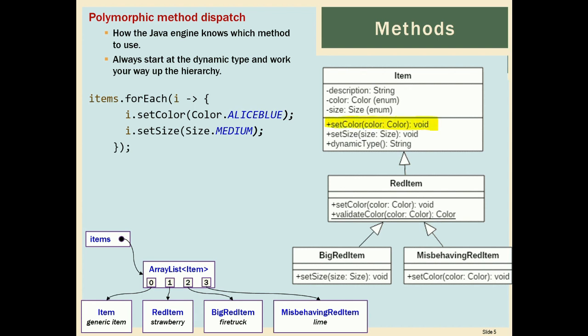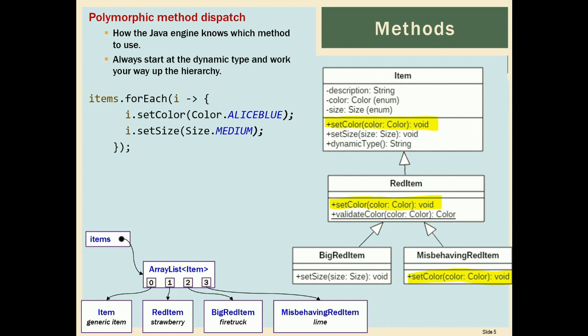We can see that its subclass, the red item, has its own setColor method. And we can see that the misbehaving red item has a setColor method. They all have exactly the same signature. So when I'm looping through the collection, which setColor method will I use? And that's what we'll examine.